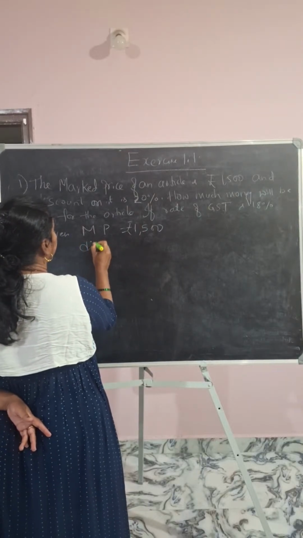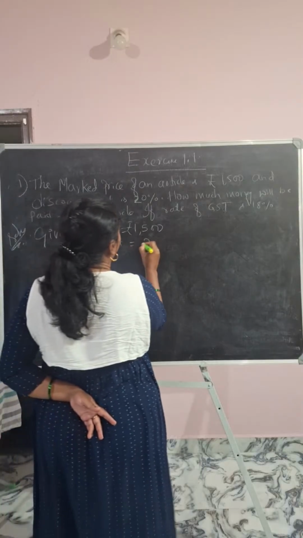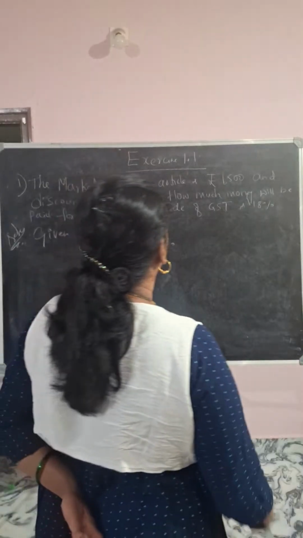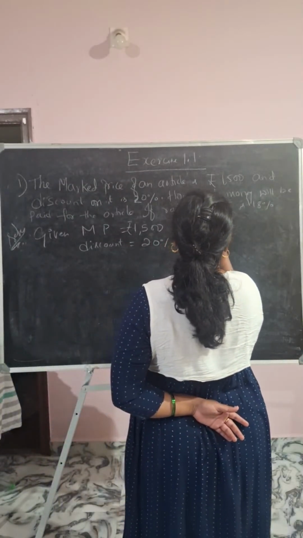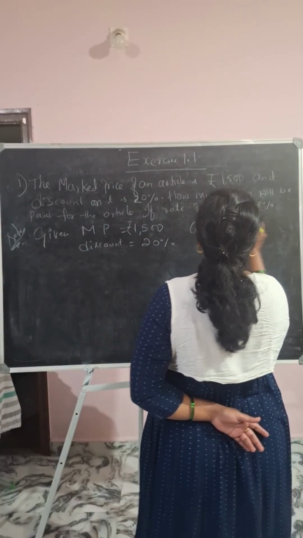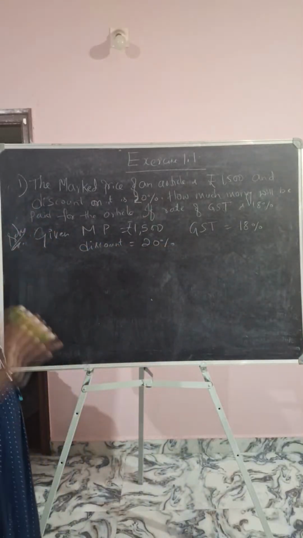So discount is equal to 20% and the rate of GST charge is equal to 18%. So how much money is paid for the article?